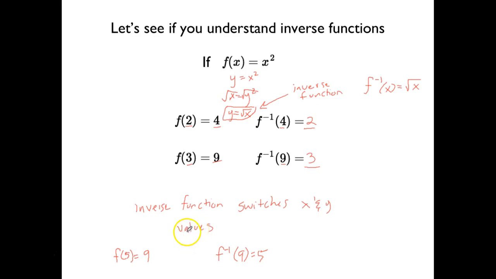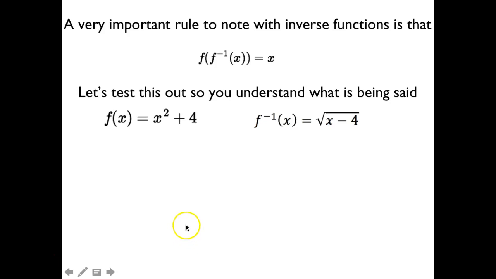1 exam. Okay, so a very important rule to note with inverse functions is that the inverse of the original function is going to be equal to x. This is important because I'm going to show you the proof. If you don't know what I'm talking about, let's just take that one I was just doing earlier.